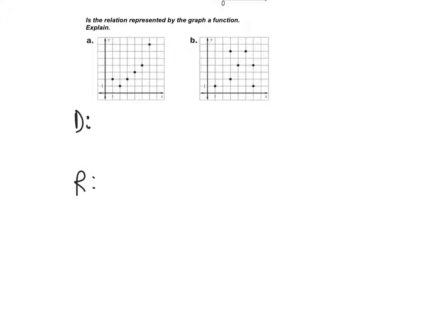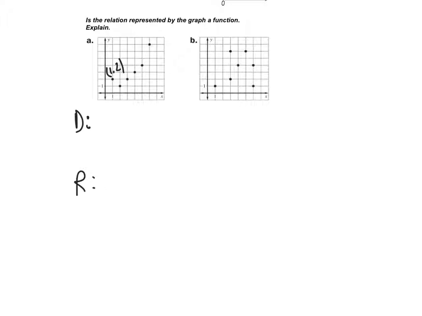If you look, this ordered pair right here is right 1 and up 2. So this is the ordered pair 1, 2. This ordered pair is right 2 and up 1. Remember, x always goes first.